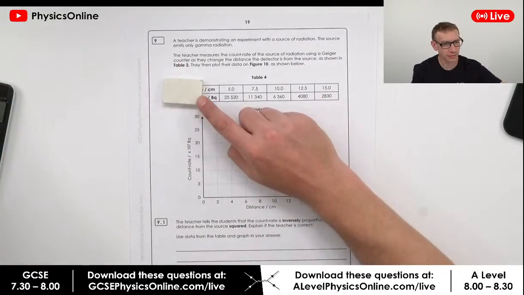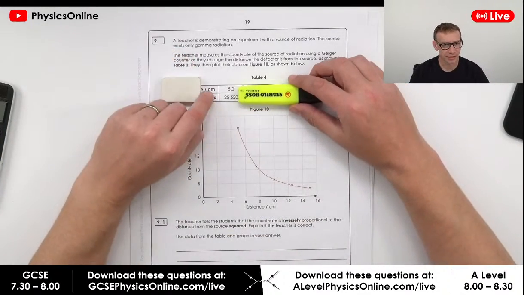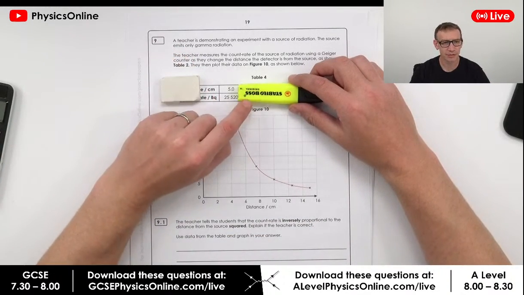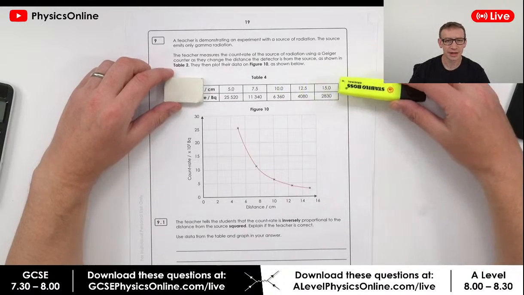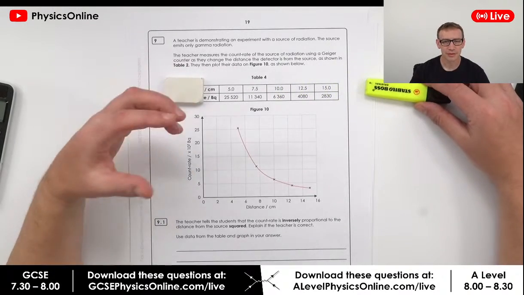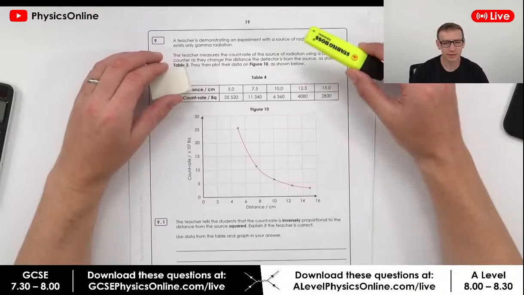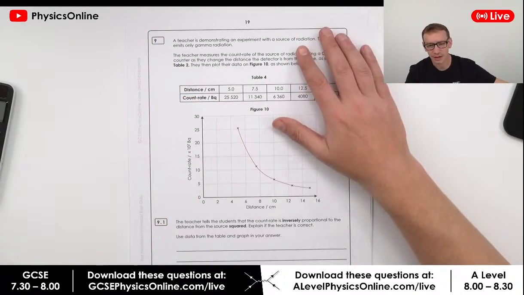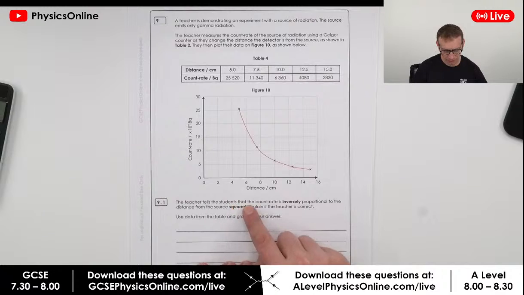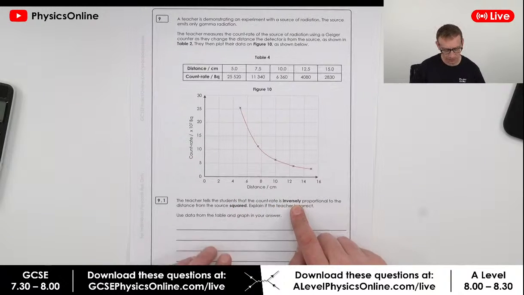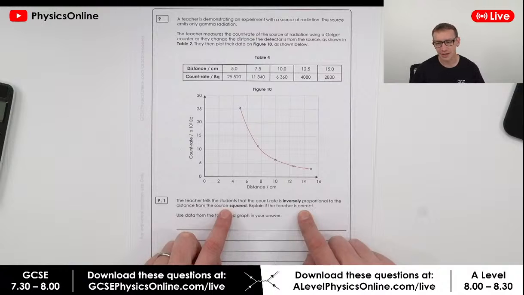They put the Geiger counter a certain distance away from the source, look at the count rate, and then move it to a different distance and look at how the amount of radiation depends upon the distance from the source. The teacher tells the students that the count rate is inversely proportional to the distance from the source squared. Explain if the teacher is correct.